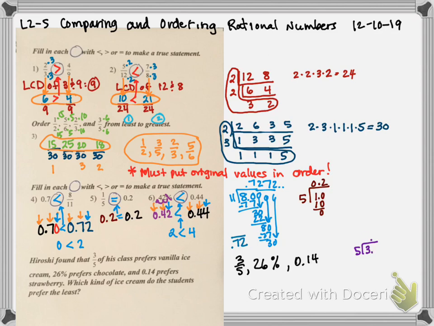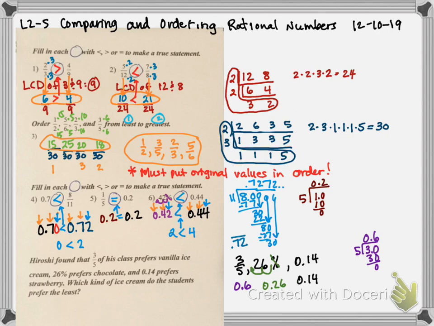Put in a decimal point and annex a 0, and 5 goes into 30 6 times evenly. So we have a terminating decimal. So this guy is 0.6. The next one, we're going to go ahead and cross off the percent symbol, we're going to divide by 100, and that gives us 0.26. And then the last one's already a decimal, so we're just going to bring it down so we can compare.